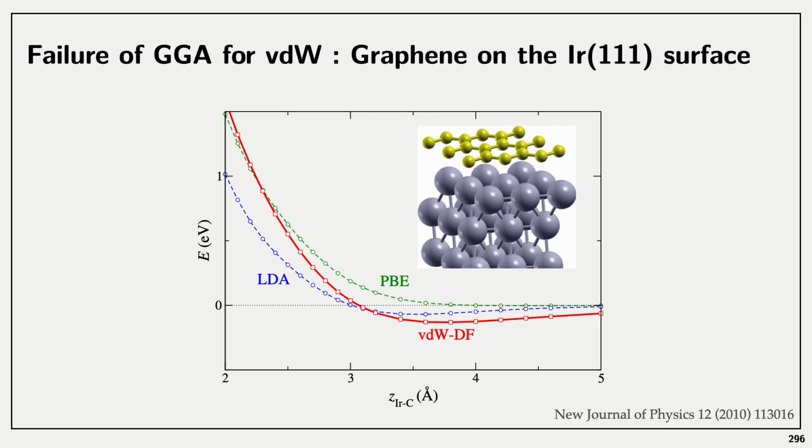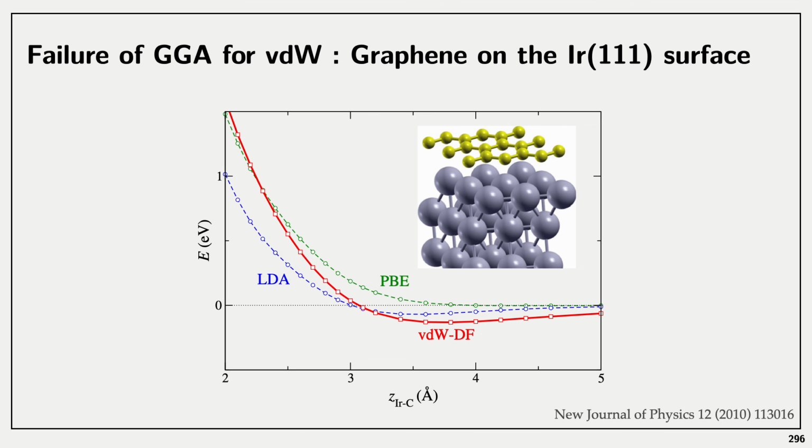Both LDA and PBE are not very good with van der Waals. I mean, they're not good at all. In fact, there's no van der Waals. But if you look at LDA, there's a shallow minimum, which is around 3.4 angstrom. You can see it's a minimum because it goes down and then it goes back up to the dotted line. So it actually predicts the right length, again due to cancellation of errors.